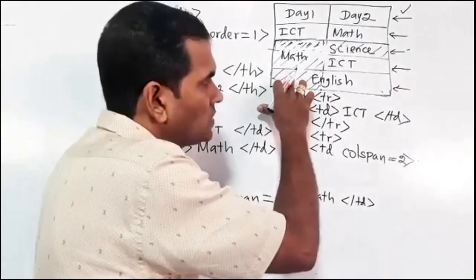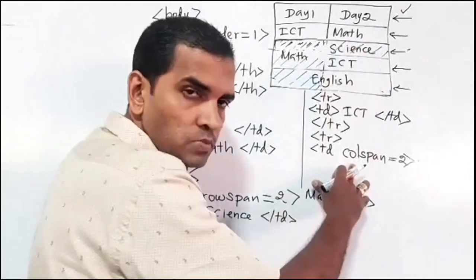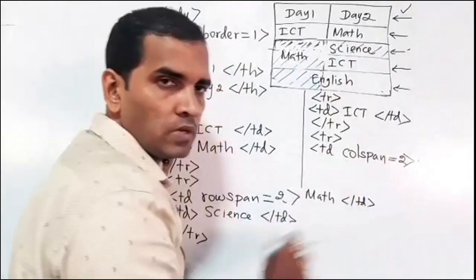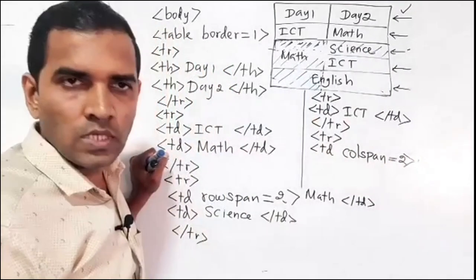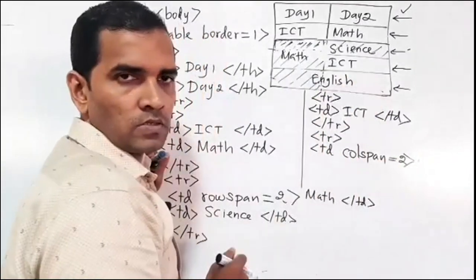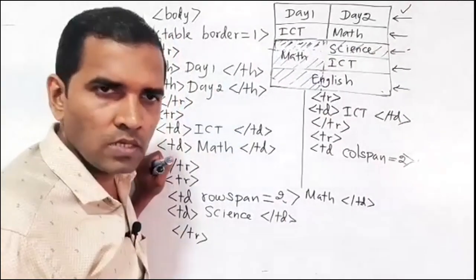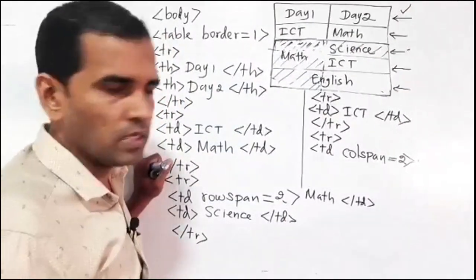So while creating this cell TD, you have to create another cell. So colspan 2, we use colspan because we are merging two cells in two different columns. I put 2 because 2 cells. Sometimes 3, 4 is possible. If your table is big, colspan 3, colspan 4 also possible, right?